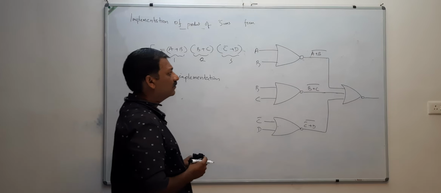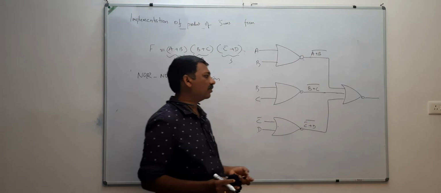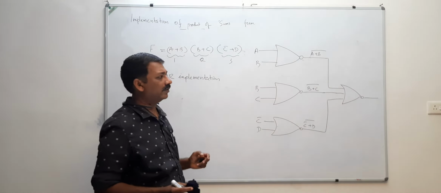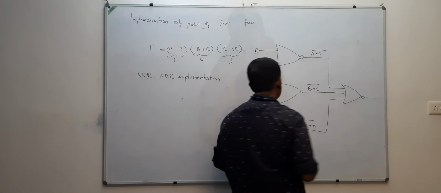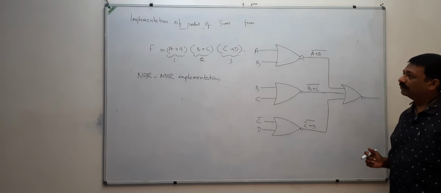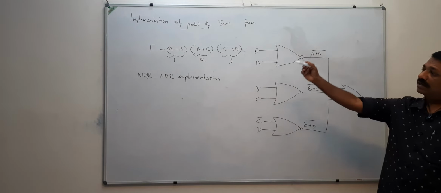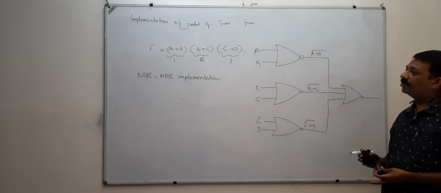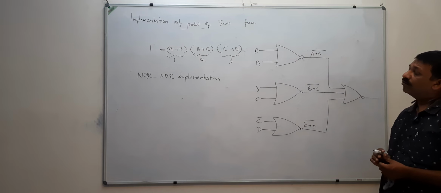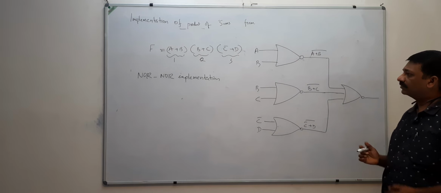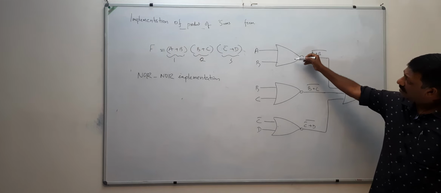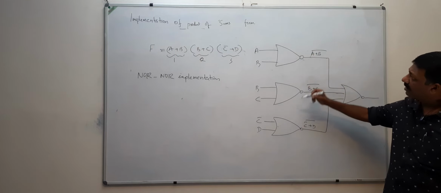You can verify that answer using De Morgan's law, just like your NAND implementation. In the final expression, you calculate how many sums there are. Here you have 3 sums, so there are 3 NOR gates at the first level.